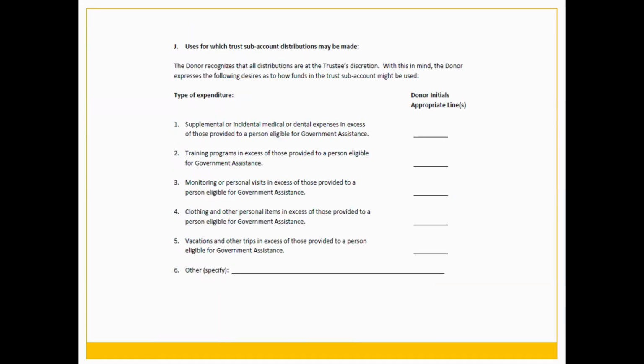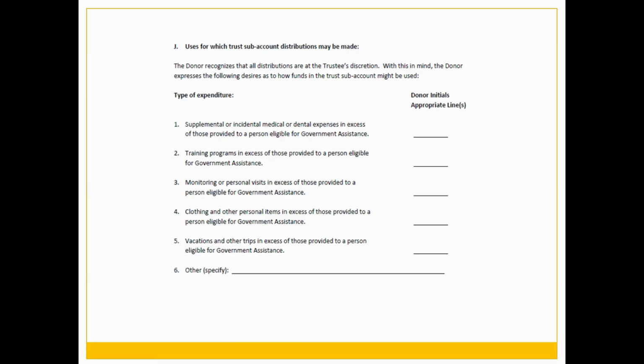Section J is where the donors will list any specifics about how they envision the trust being used for the beneficiary's benefit. Donors are also welcome to include more information and be as detailed as they would like. By initialing on these lines, the donors are stating that they are letting the trust be an option for payment, not that the trust would be required to pay.